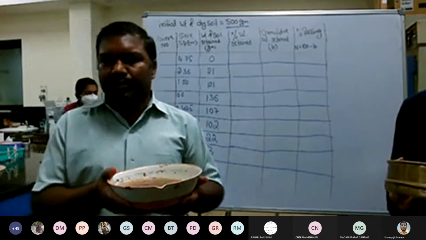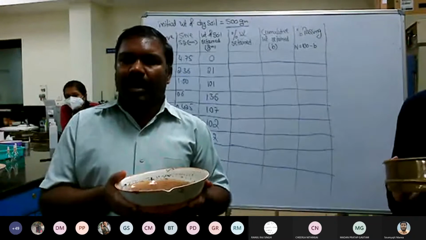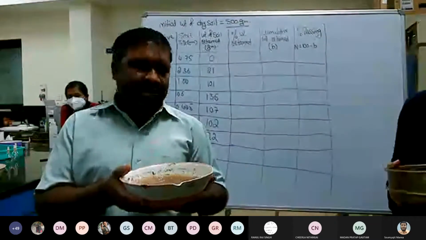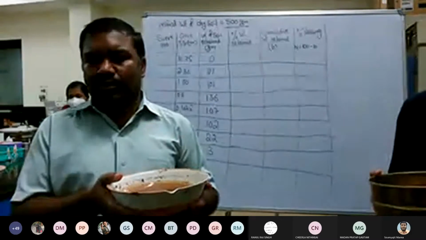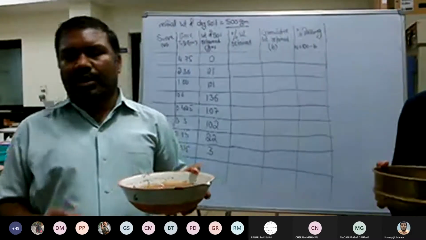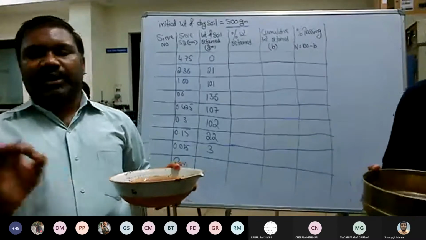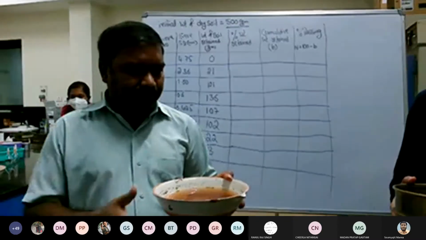That solution is normally used to disperse the agglomerated particles. The agglomeration happens because of the surface charge or static charge, and that charge can be neutralized by adding the sodium hexametaphosphate solution. In the case of coarse grained soil, this is optional, but in the case of fine grained soils, this is mandatory. So you must remember this.